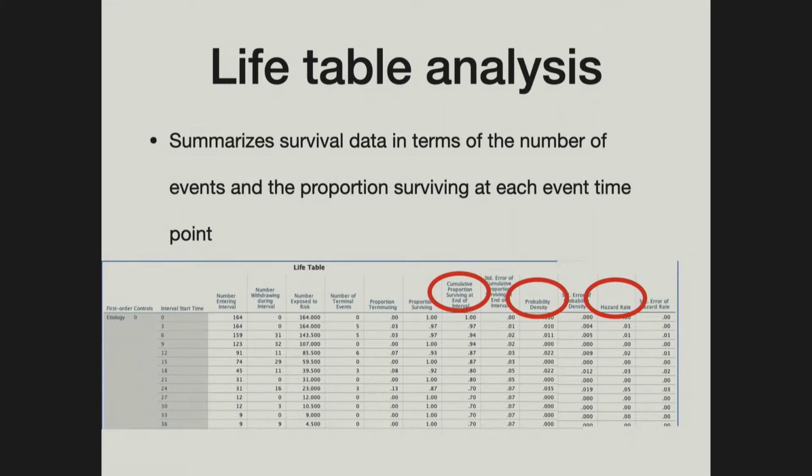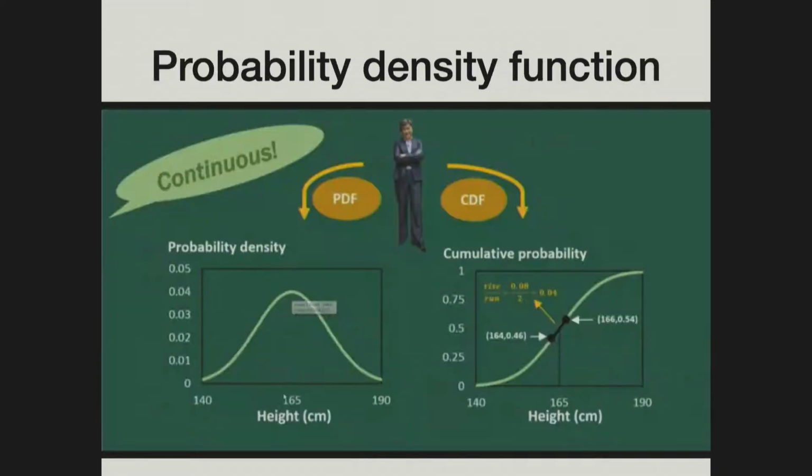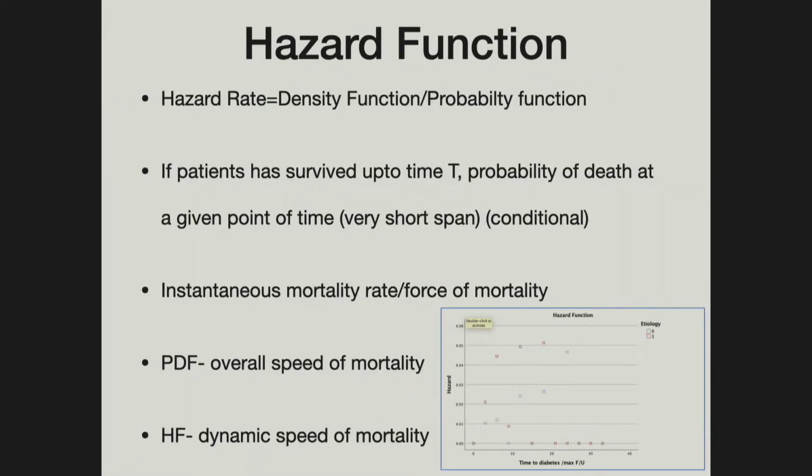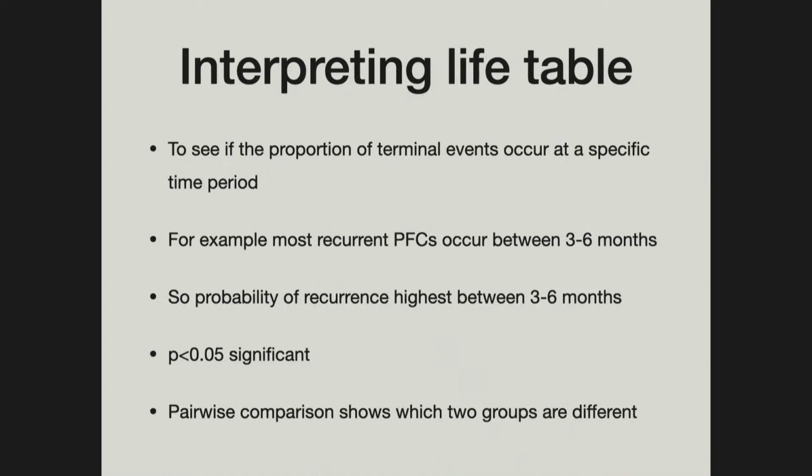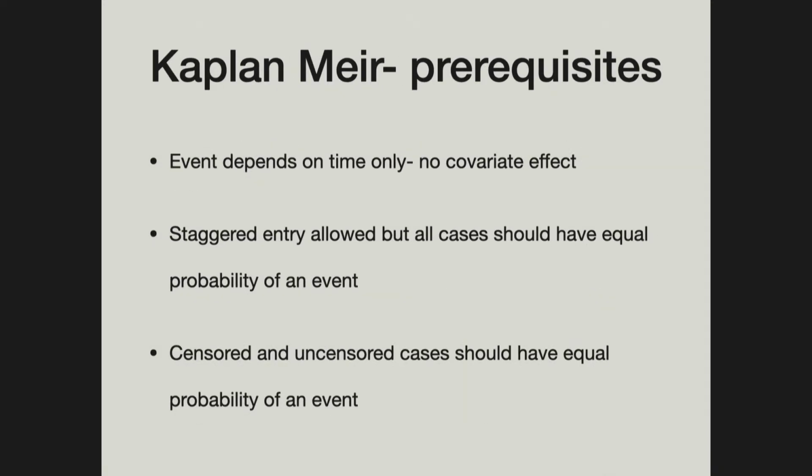That is how the hazard is calculated, to capture the dynamic speed of an event that is occurring. Interpreting a life table, as I already told, shows whether the event is occurring in a specific period of time.